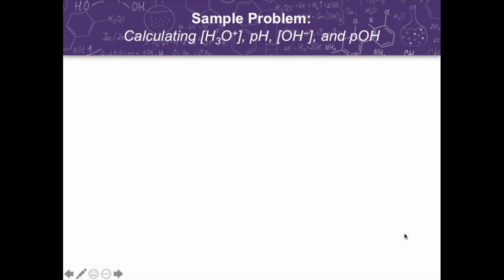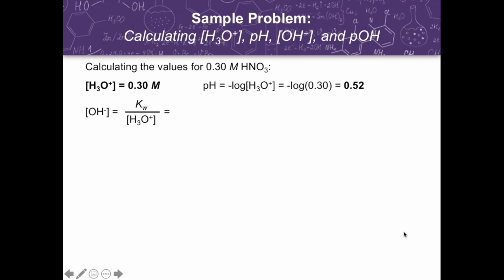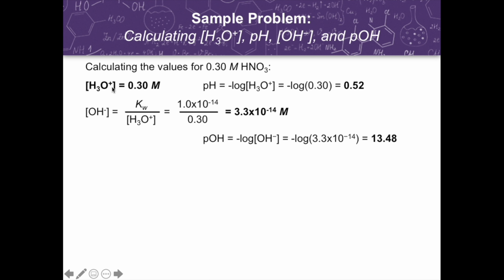Now, if we calculate the values for the 0.30 nitric acid, we will have here the hydronium ion concentration, which is equal to 0.30 molar. And then the pH is equal to the negative log of hydronium ion concentration, that would be equivalent to 0.52.